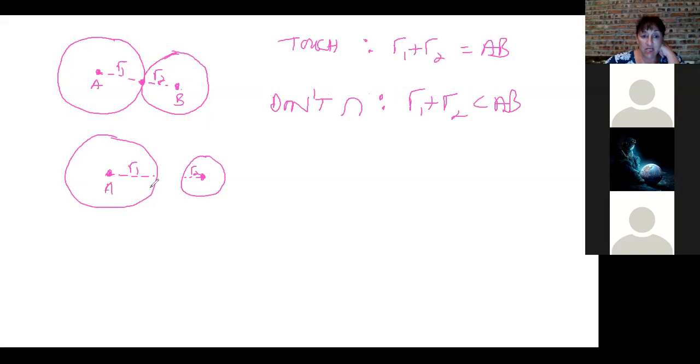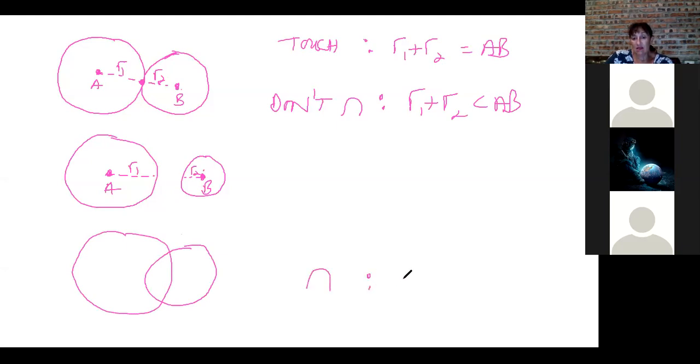And your AB is still the centers. So when you add R1 and R2, and the answer is less than AB, it means they do not intersect. For them to intersect, it's more difficult to see, but just remember, intersect means that R1 plus R2 is greater than AB. You just change that sign. This one's easy to see. It makes sense. This one's not because of the overlap.